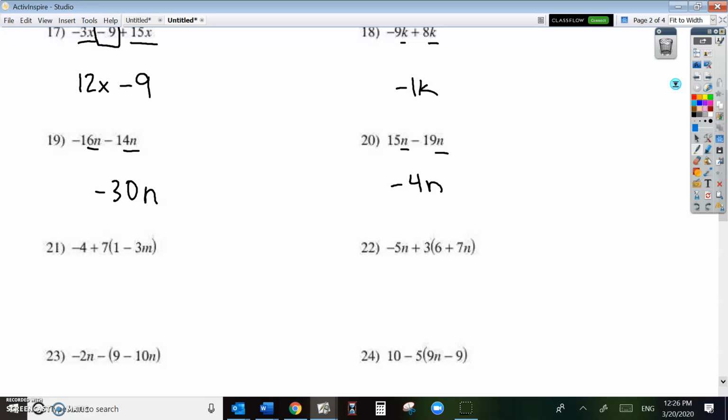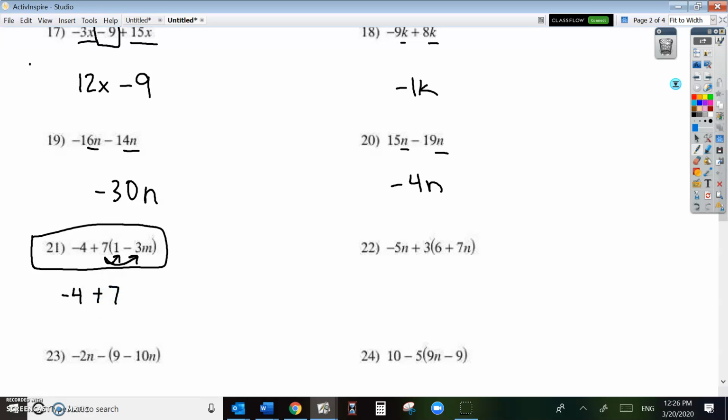These are different because it's distributing. Problem 21 is asking you for 7 groups of 1 and 7 groups of minus 3m. So -4 doesn't change, but you need 7 groups of 1, which is actually 7.